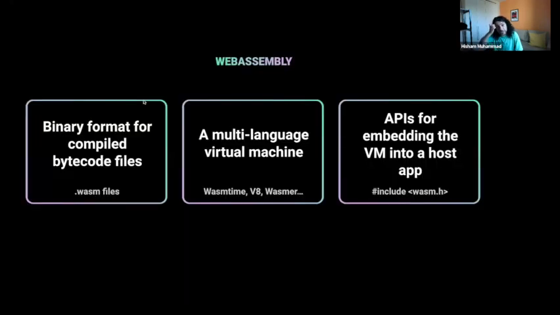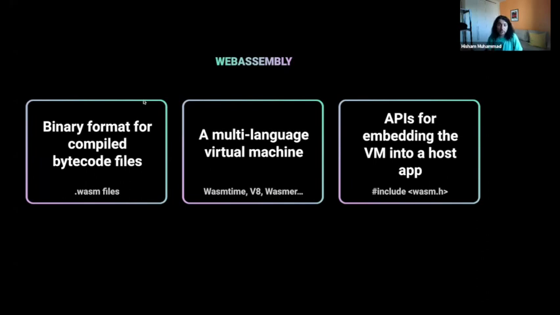So next slide, please. In short, those pieces for WebAssembly are the binary format for compiled bytecode files, which are .wasm files. You can think of them sort of like Java class files, except that they bundle all of your dependencies as well, which means easier deployment for operations.